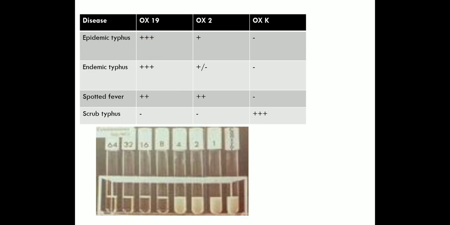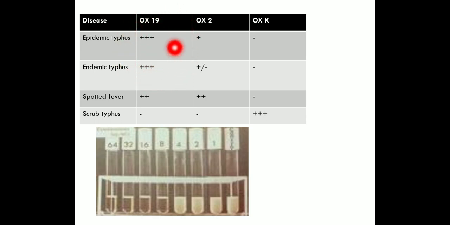Now, in rickettsial typhus, in the epidemic typhus and endemic typhus, your agglutination is mostly seen with the OX19 sera.